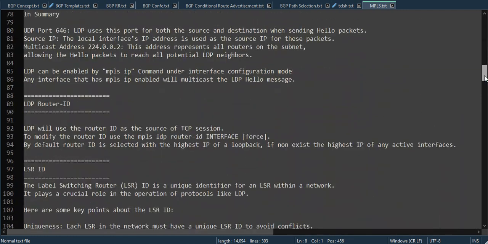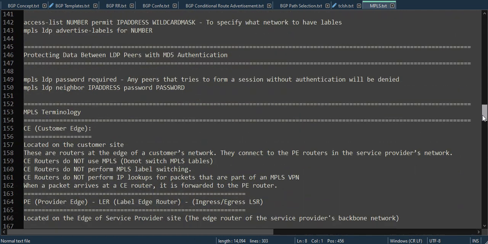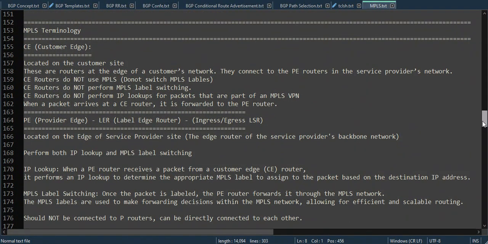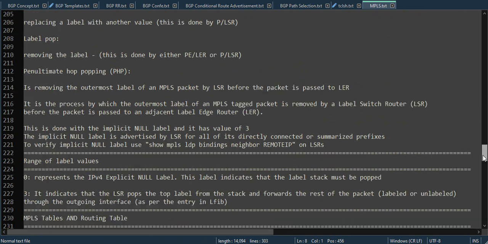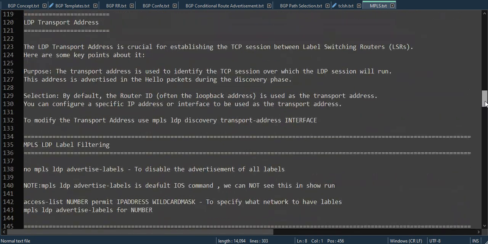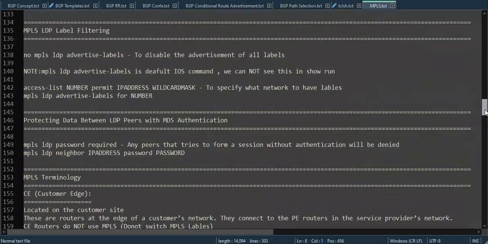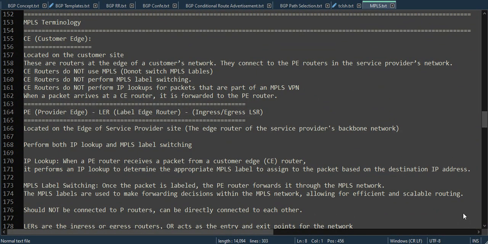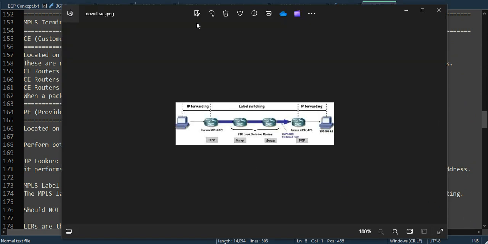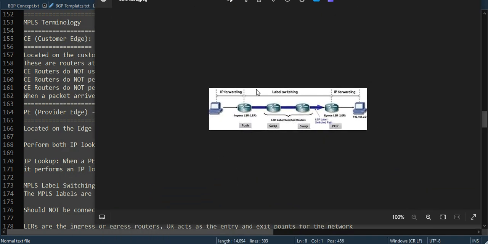Let's see what these terminologies mean. Okay, MPLS terminology. Let's see what is CE, PE.